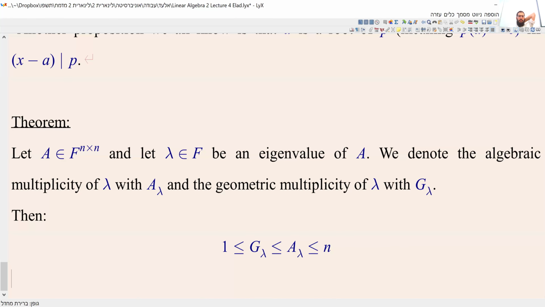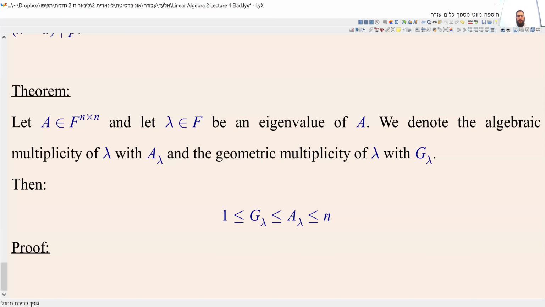And about the main inequality in the middle, let's first write down the proofs for the other ones, and then we'll discuss the connection between them. Okay? So, proof of the bigger theorem.